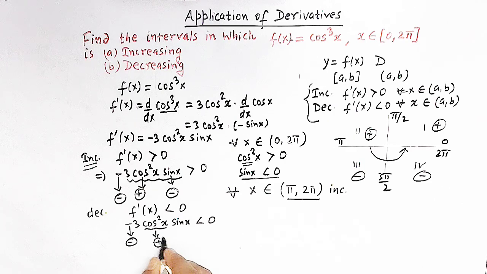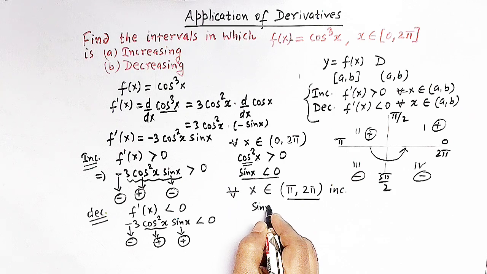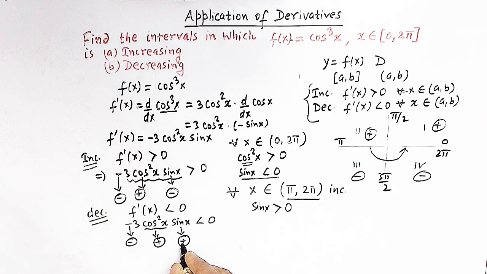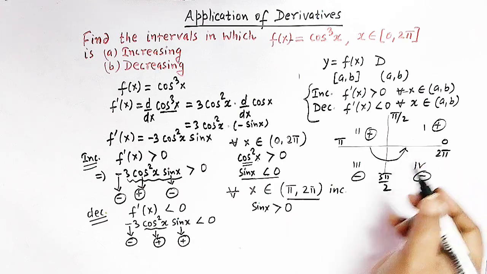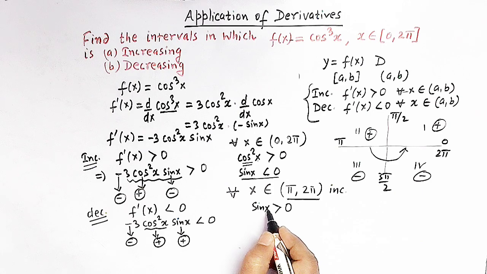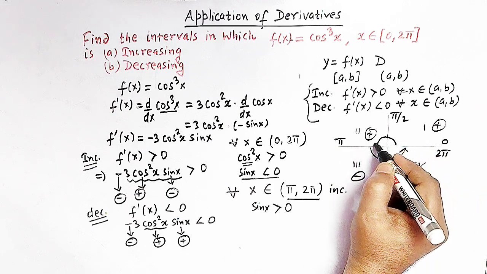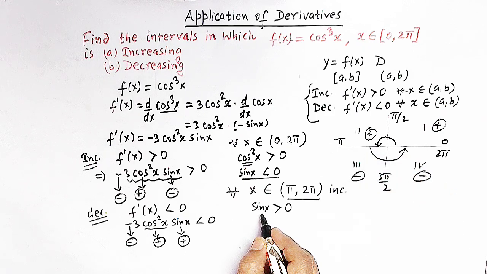So for this term to be less than 0, this sin x should be positive, right? So now in case of decreasing function, sin x should be greater than 0, or sin x should be positive. And from the sign convention, we can easily see that when x lies in the first and second quadrant, then sin x is positive.